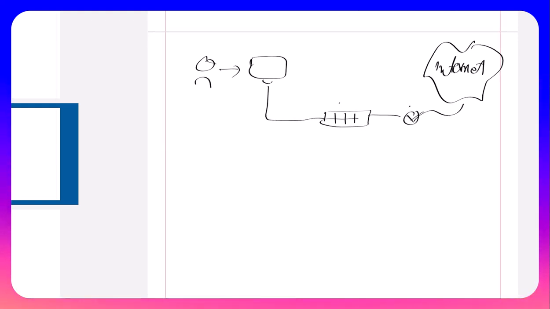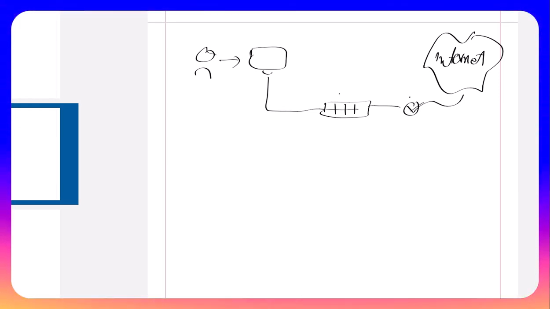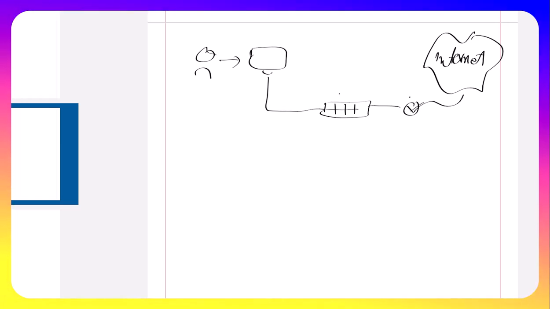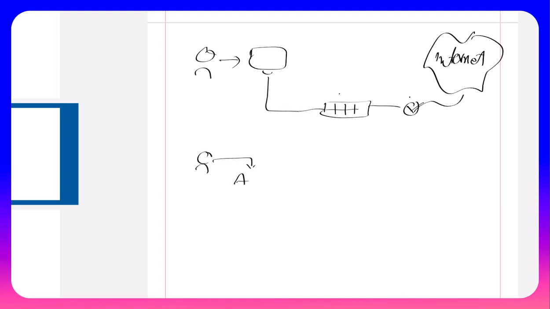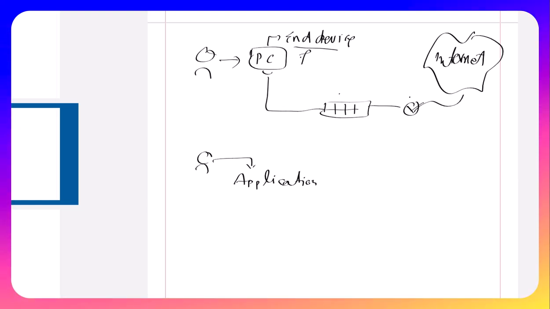It will be reported by the loopback process. This user will interact with the application layer. Remember, this is a PC, an end device, and it follows the 5 layers of the TCP/IP model.